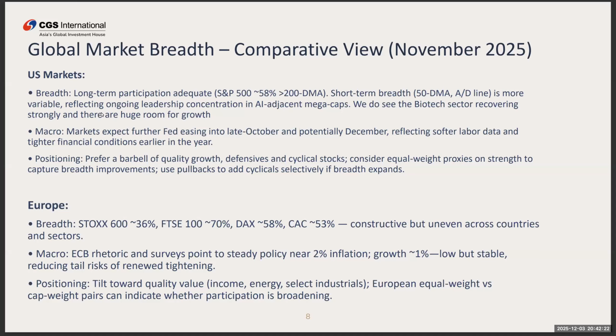But we look at one thing, the macro data, and how the dollar is performing. The dollar is still weakening. Alongside macro, we expect the Fed to ease into late October and maybe potentially December. Labor data has been out, and the unemployment rate jumped to 4.4%.